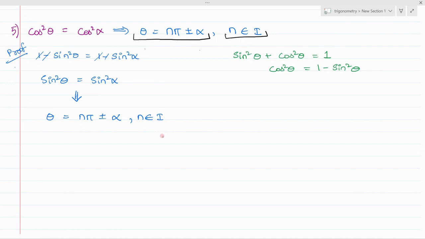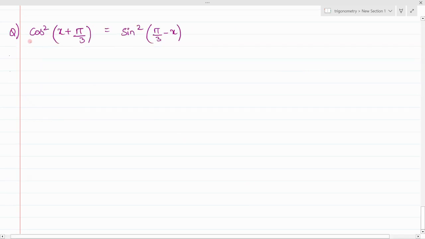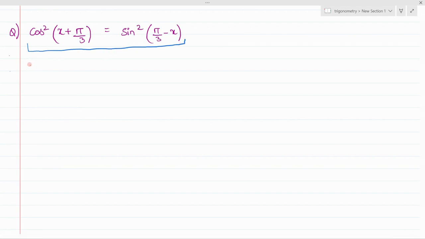So let's see an example. In this question, we need to find the general solution for this equation. Okay, let's do this. We can write this as cos square of x plus pi by 3 as it is. Here we need to write sine in terms of cos. We also have a chance that we can write it as 1 minus cos square something. But if we write like this, we can't use the general solutions we have discussed earlier, right?